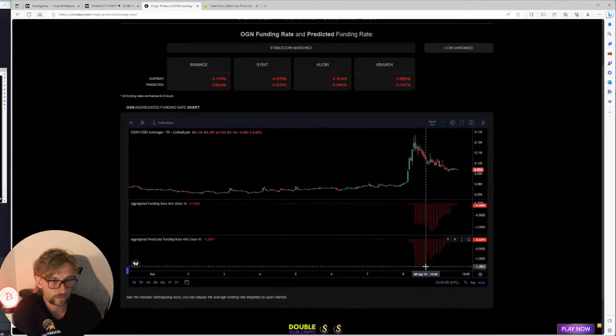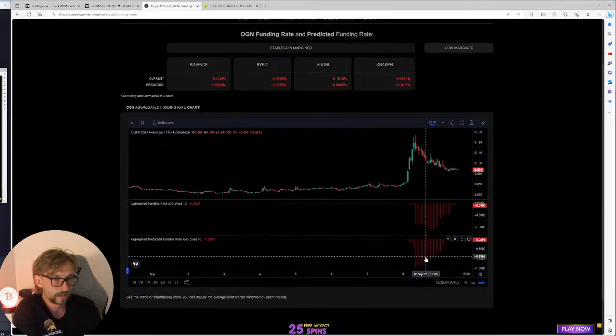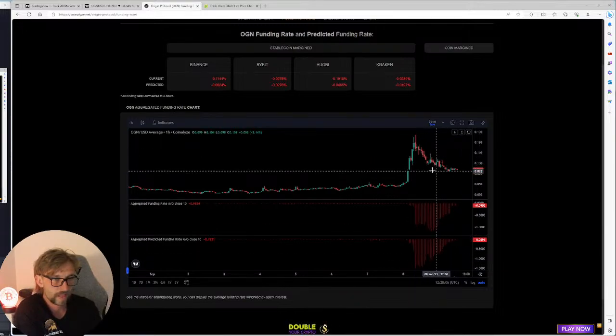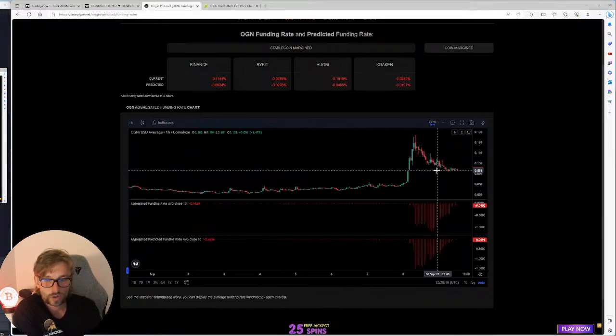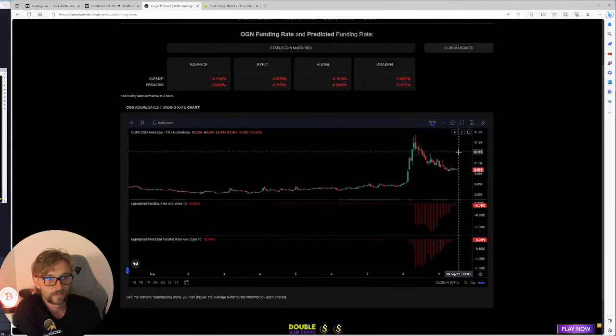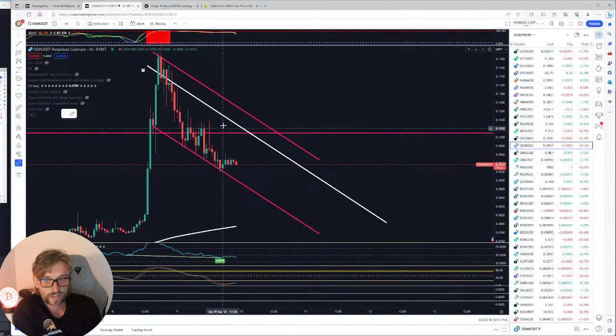Minus 1.4. It's ridiculous. It's been so shorted. All these people are in shorts right now, and a lot of them would not have taken profit yet. And then you just get a big angry green candle. It just shits on them, and it comes back up to here, above these wicks and above these candles.